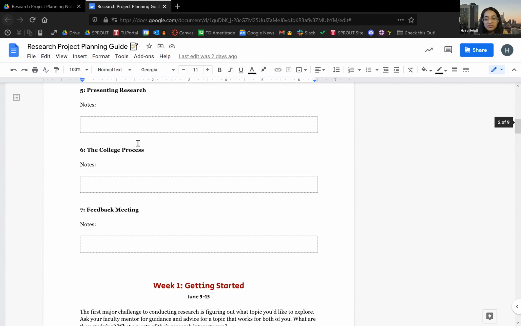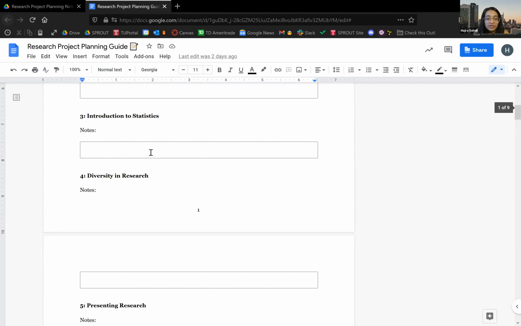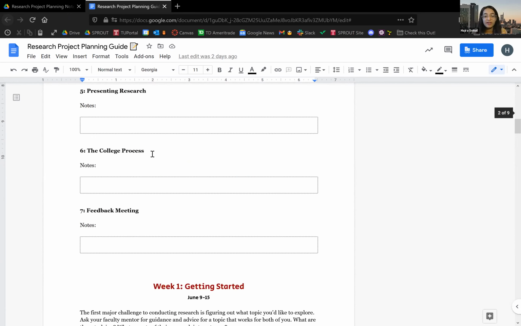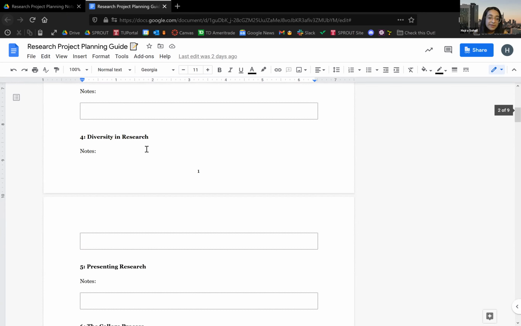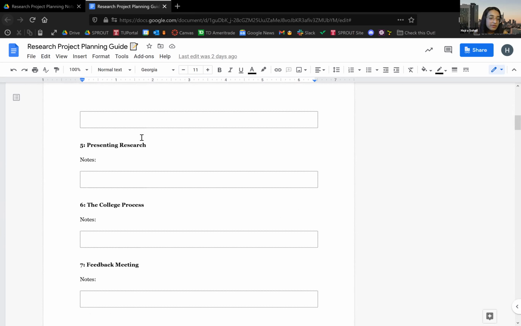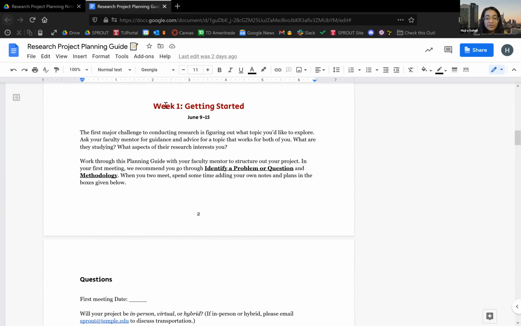And it doesn't have to be very detailed. It could just be basic information that you might want to use down the line. So after you take notes on your workshops, I have a week 1 getting started section.